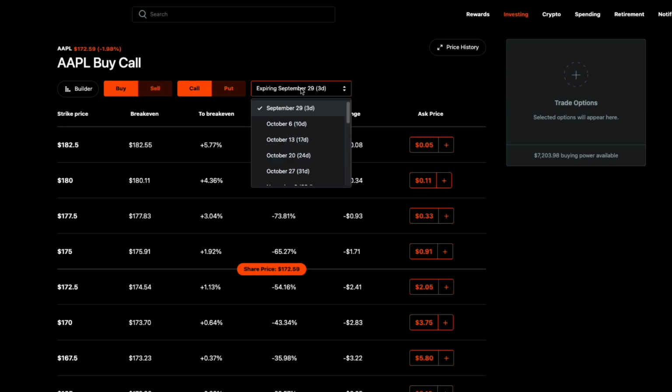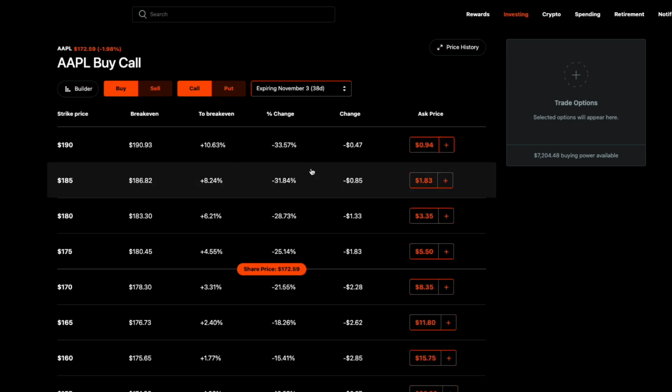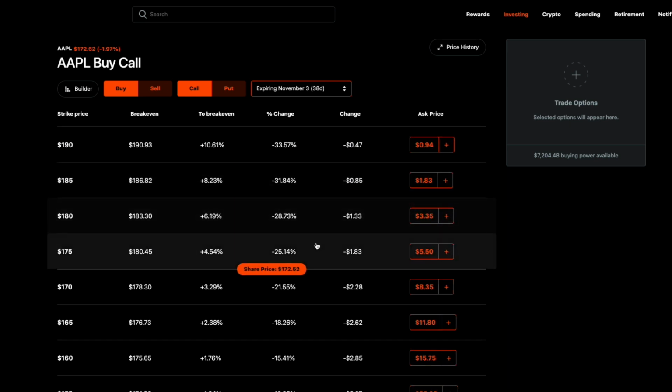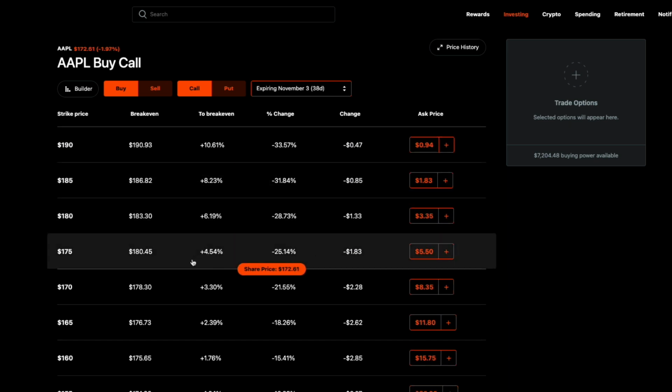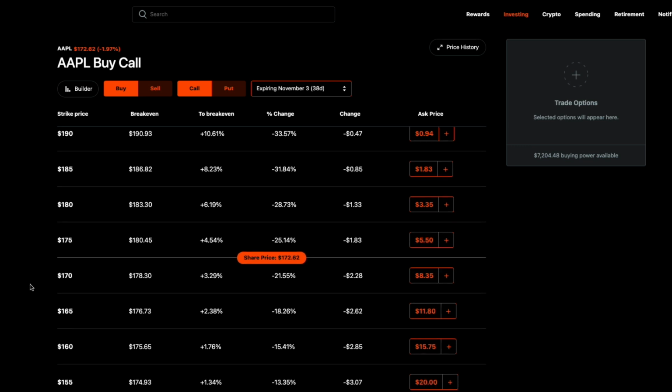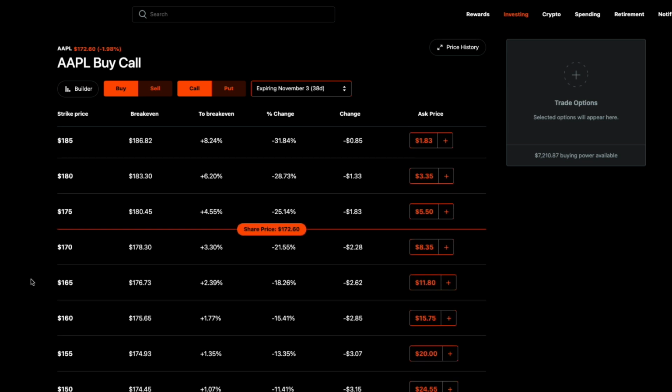I'm going to select 30 to 45 days, which is ideal for any option strategy that you do. So I'm just going to select November 3rd, which is almost 40 days away, between 30 to 45 days, right? As you are bearish on Apple, you expect Apple to go down.